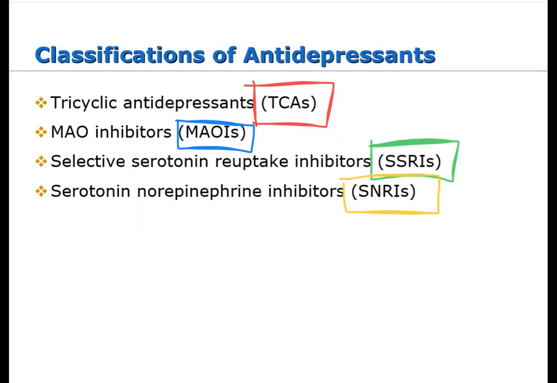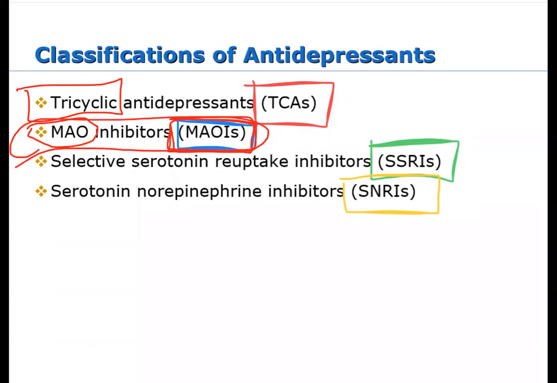So how are we going to remember these? Well, some of them are tricyclic, and the other one, MAOIs. These are pretty simple. How are we going to differentiate these two? Well, the MAOIs are pretty bad. They're old medications, and they react to just about everything under the sky. So these guys are very dangerous, right?